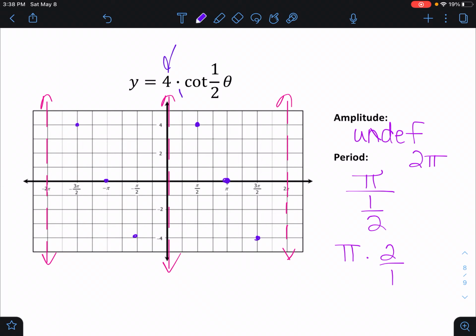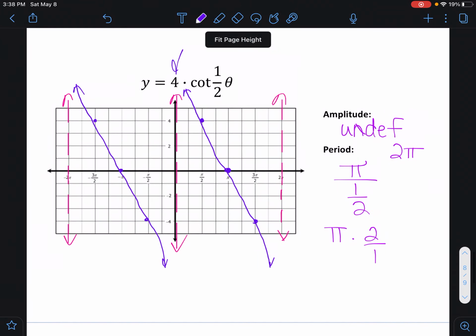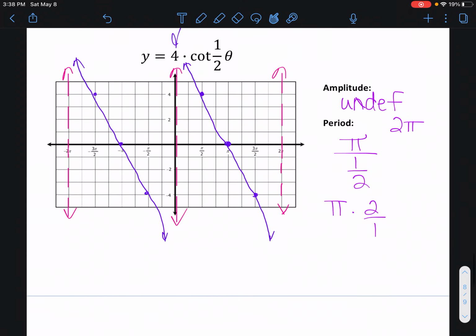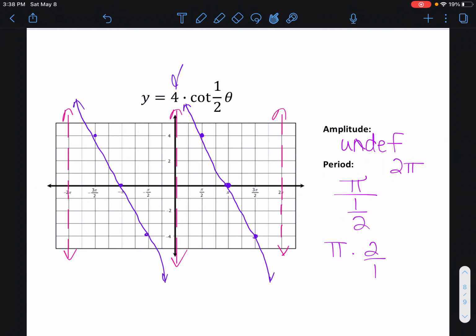It's going to look almost like a straight line because it's so spread out, but it's not a straight line. Just kind of give it a little bit of shape. Okay, and that is cotangent. That one wasn't too bad, right? All right, so now that you know how to do that, you should be able to do your assignment on graphing reciprocal functions. Good luck.